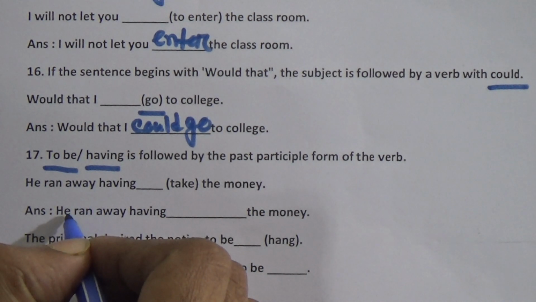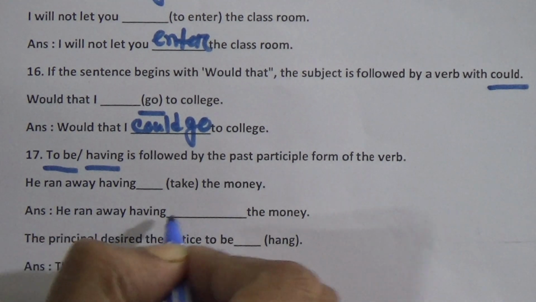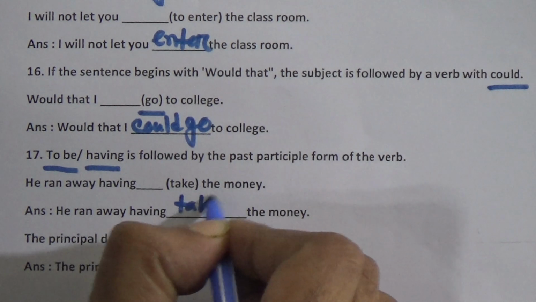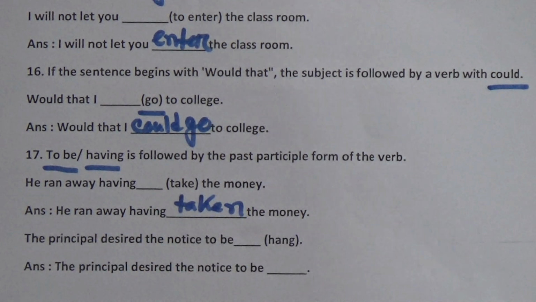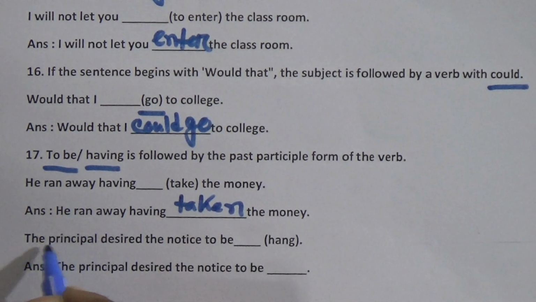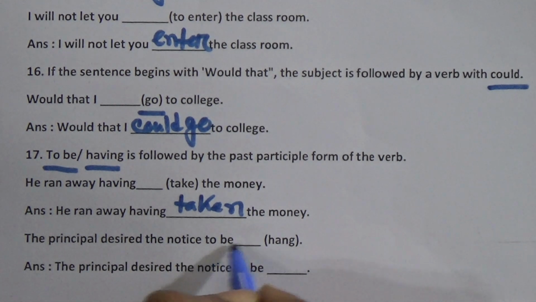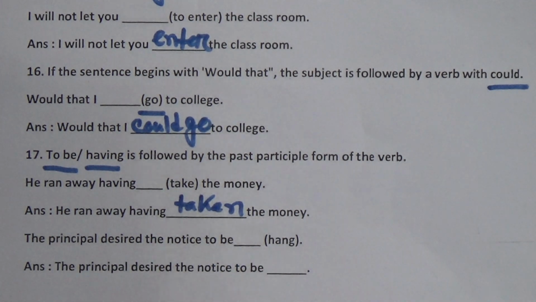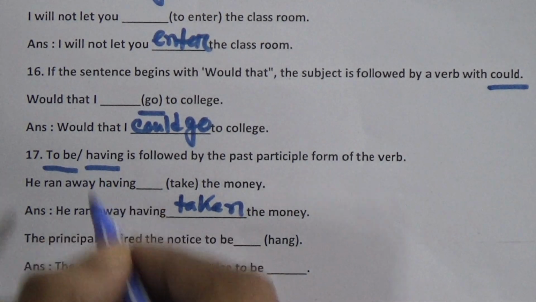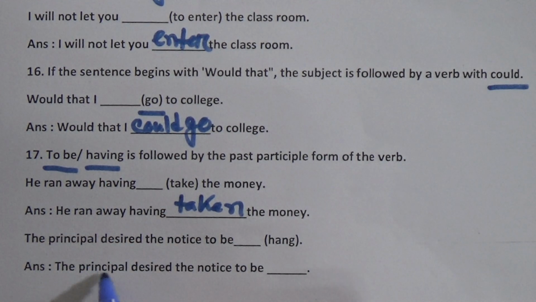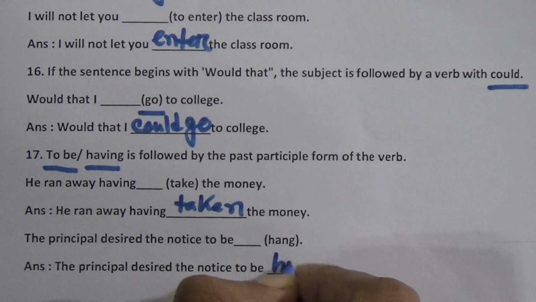So the answer will be he ran away having taken the money. The second example, the principal desired the notice to be hanged. The verb in the bracket will be in past participle as per the rules. The principal desired the notice to be hung.